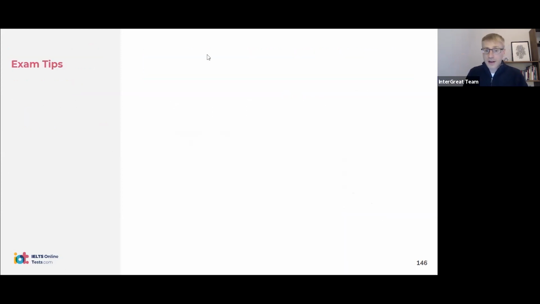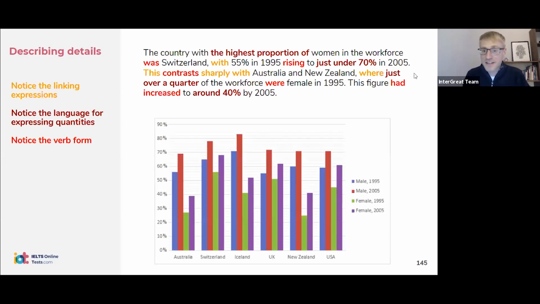Now, just to answer your question, Adam, this figure is talking about the number in the workforce. Very good, Mushfika. It's specifically talking about the percentage of women in the workforce in Australia and New Zealand.